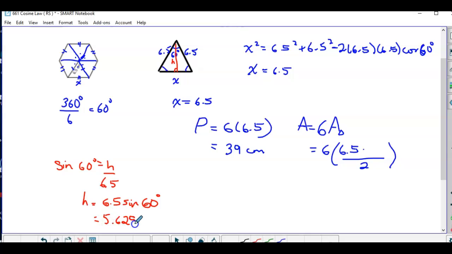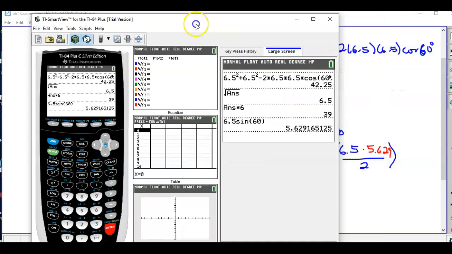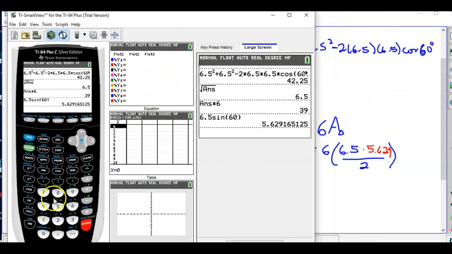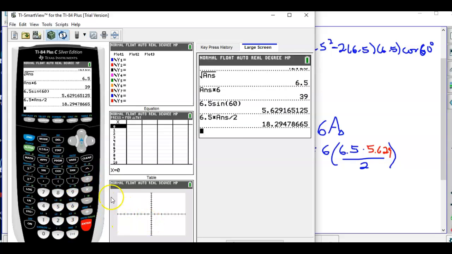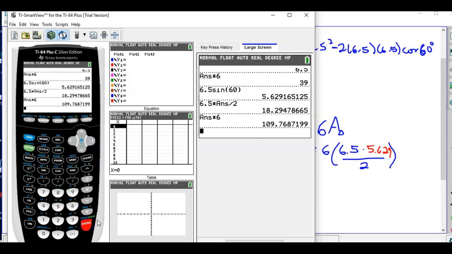Again, we're not done, so I'm keeping some decimal places, but we can use our calculator version. I'll do the triangle first: 6.5 times that answer, including all the decimal digits, divided by 2. That's for one triangle, and then we have 6 of them.